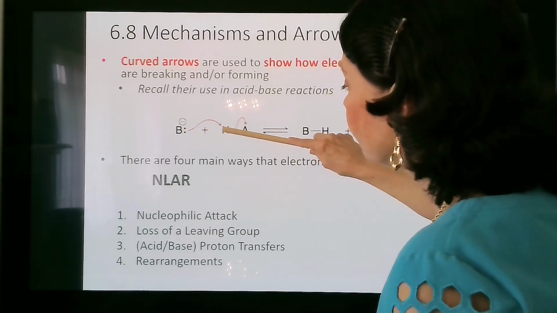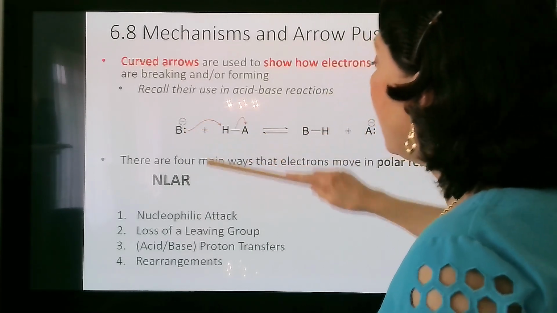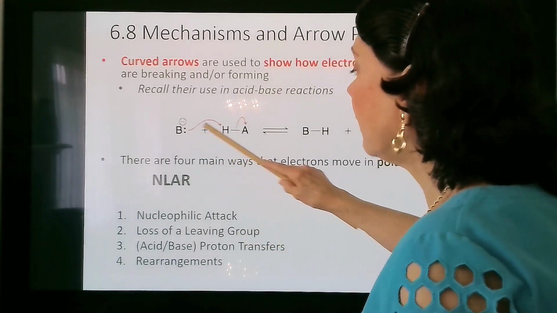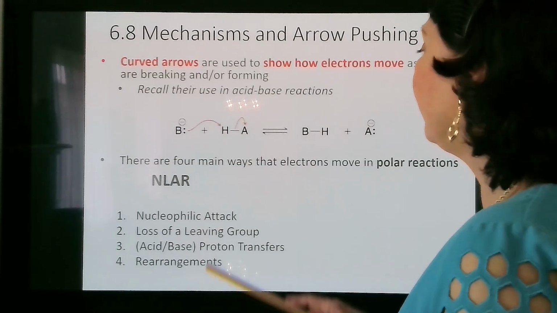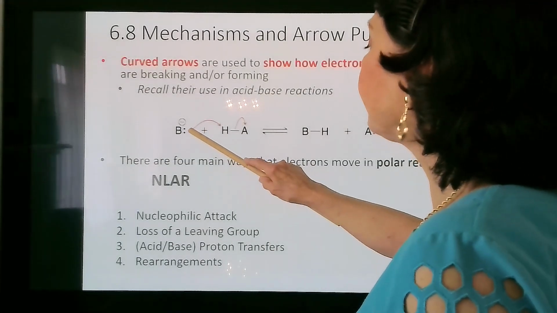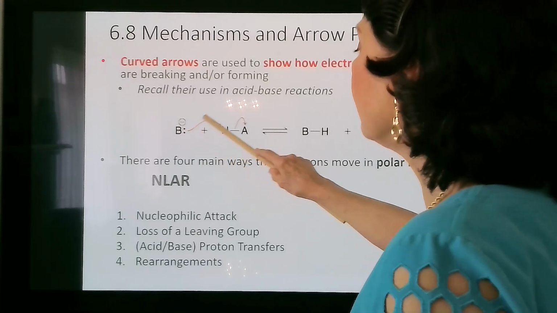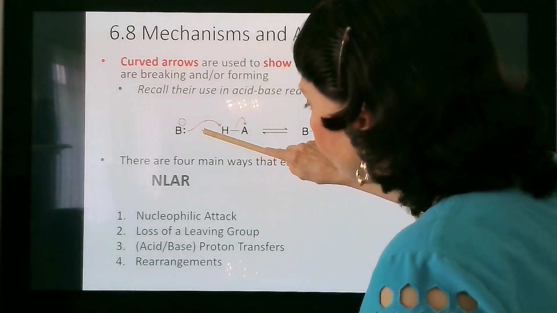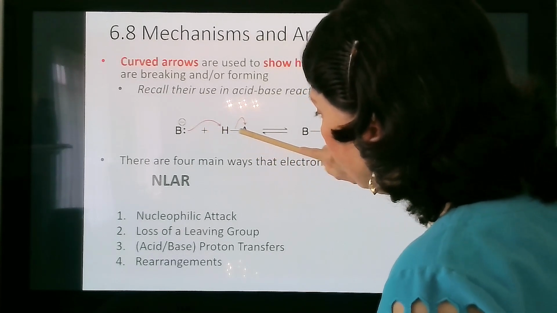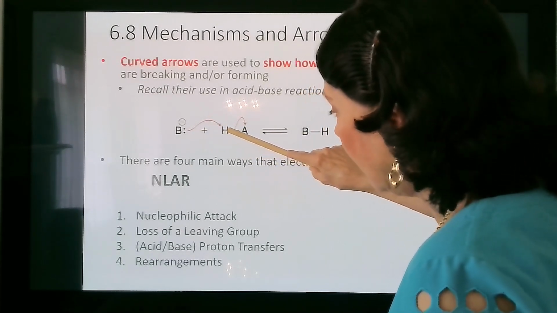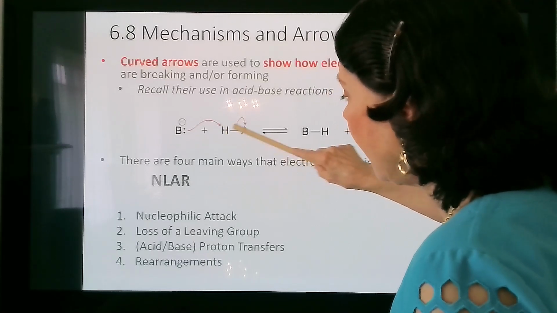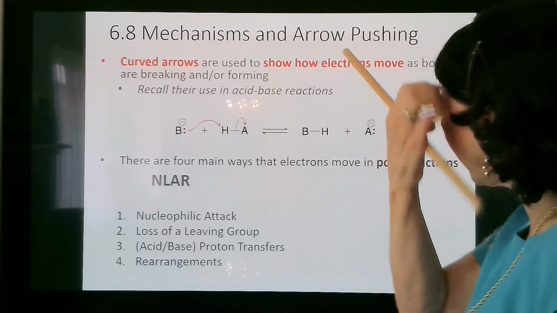It should just come straight in here. And so this pair of electrons occupies the antibonding orbital, and so that's what I'm talking about. So the pair of electrons comes right into hydrogen and comes straight in. So it will come straight in on the same line parallel to the line representing the HA bond.